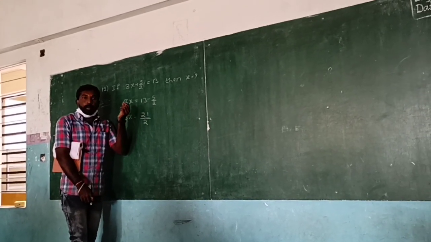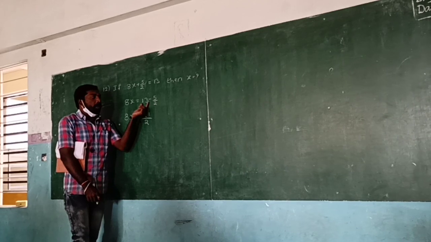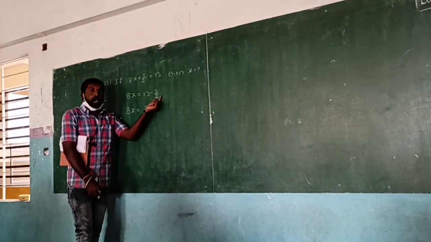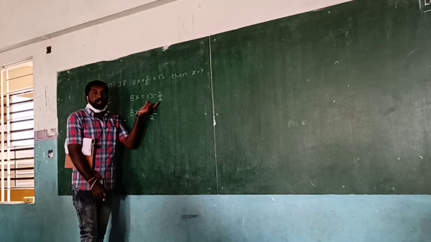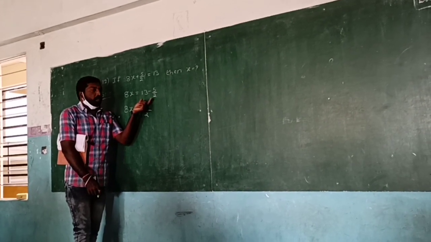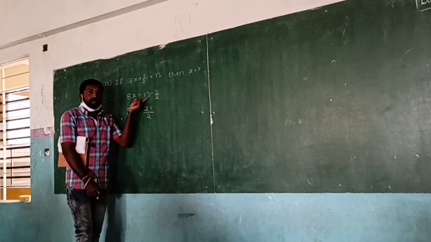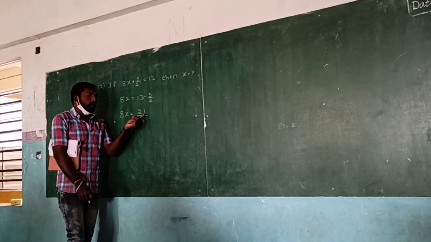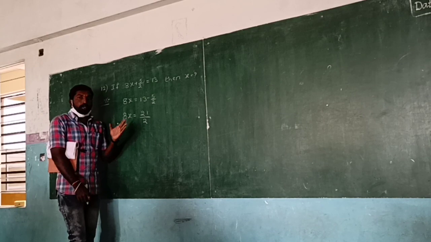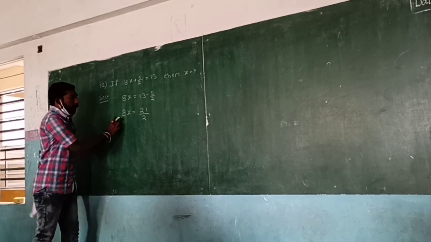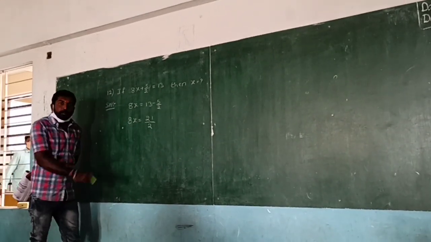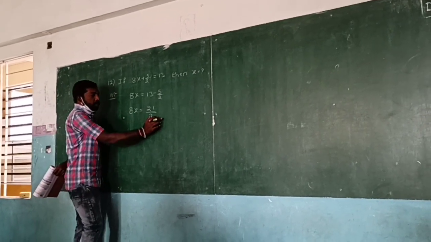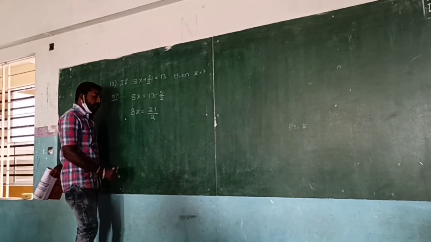ఓకేనా? Simply have to remember that a whole number along with a plus sign or a minus sign and with a fraction, you have to do the mixed fraction to improper fraction conversion. So 2 13s are 26 minus 5, 21 by 2. Okay, na? And here 8x means 8 into x. So replacing this 8x to the right side, it becomes division.